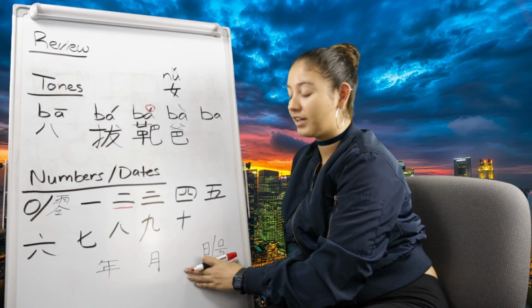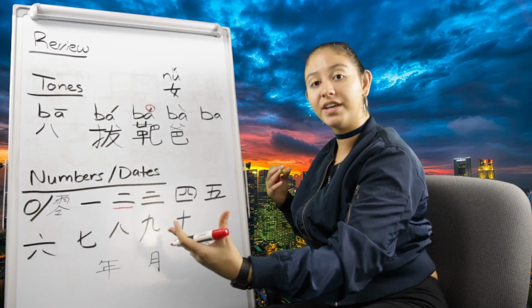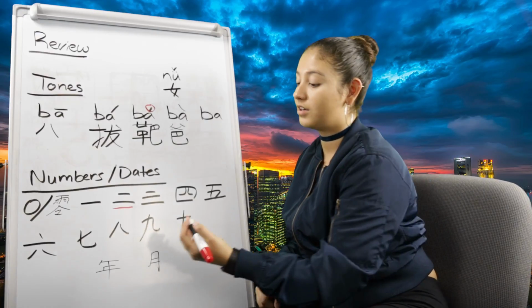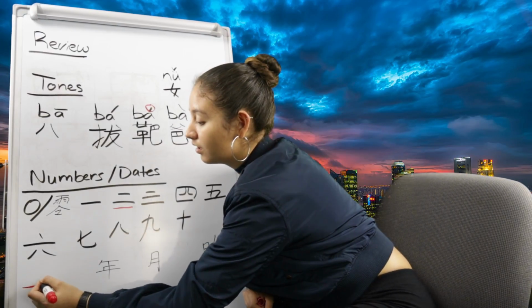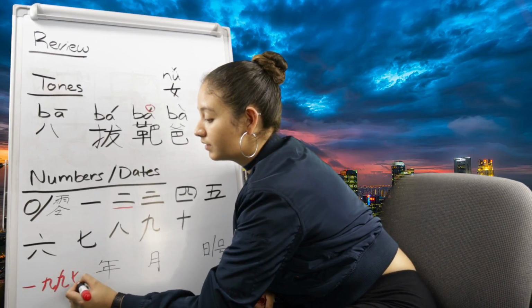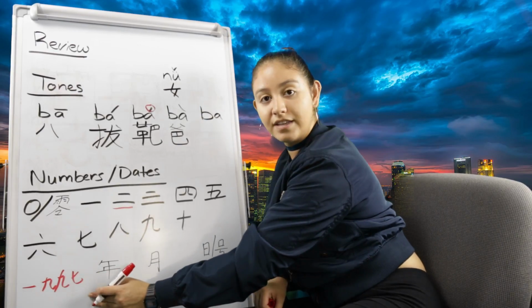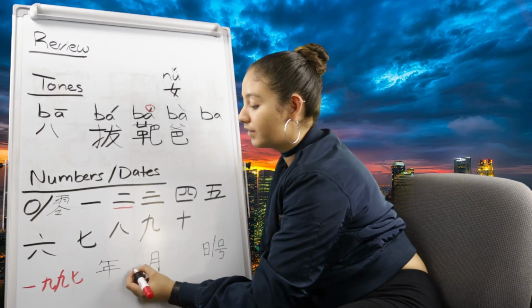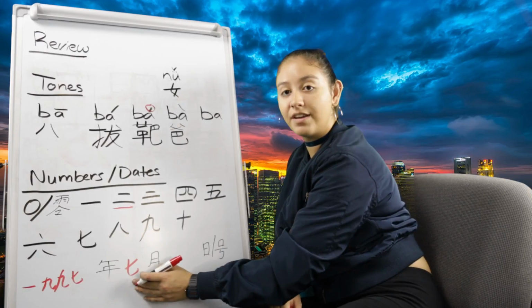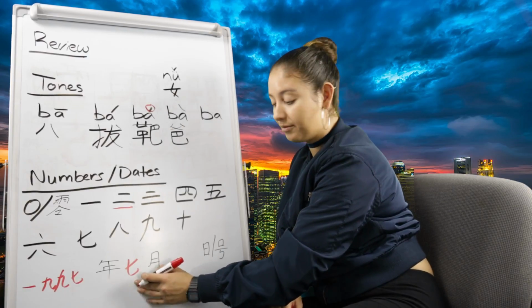Remember, in the Chinese language, you always go from the biggest thing to the smallest. So the biggest thing is the year. So we have 1, 9, 7, 1997, 年, then 7, 月, meaning it is the 7th month, which is July.